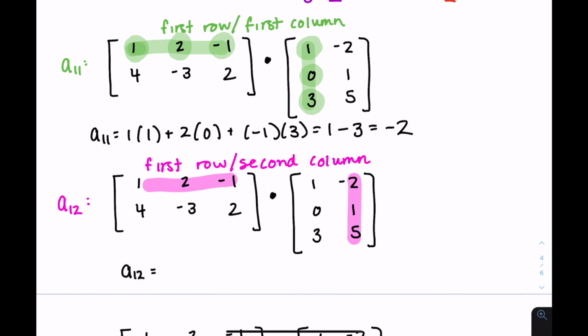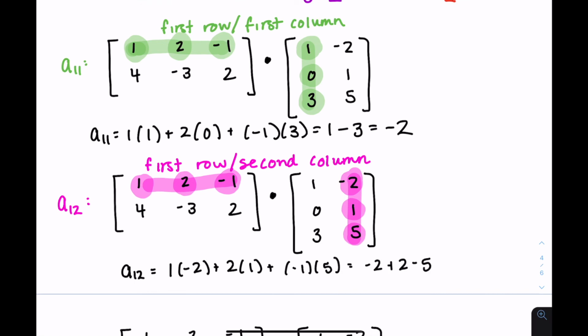So the A12 element will be, I multiply the first piece in each, so that's 1 times negative 2. Then I multiply the next 2 together and add that, so 2 times 1. And then finally, the last piece, which is negative 1 times 5. So this gives me negative 2 plus 2 minus 5. That just equals negative 5.